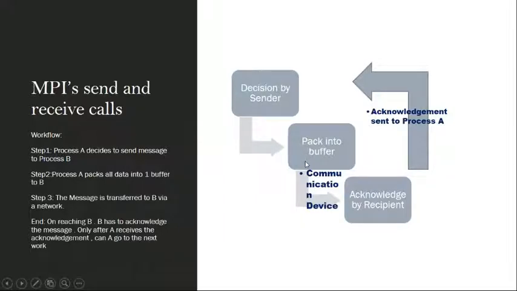This buffer is then transferred to the recipient via a communication device, which is a network in a parallel programming scenario. After which, the whole process is complete only when the recipient gives the acknowledgement to process A. After process A receives the acknowledgement, it is free to do the next work. Until then, it waits for the acknowledgement.